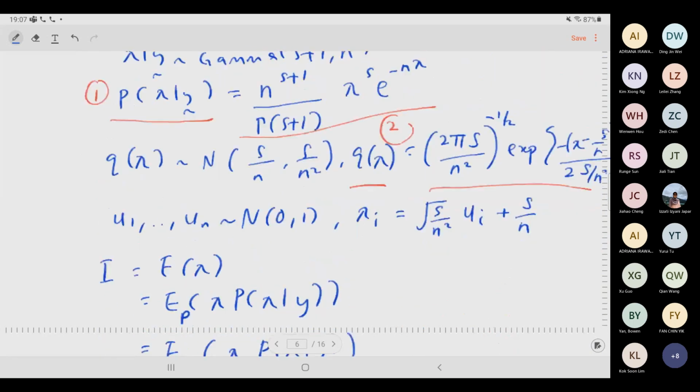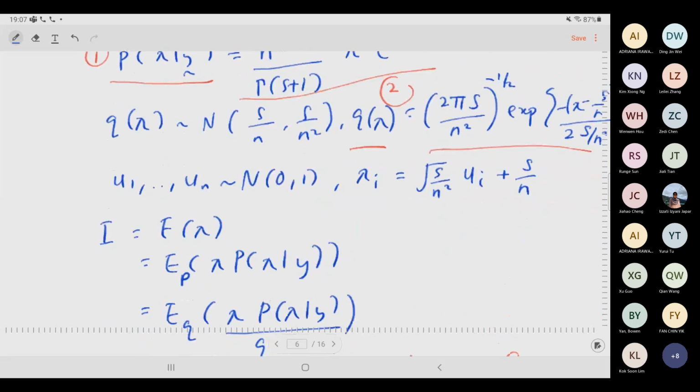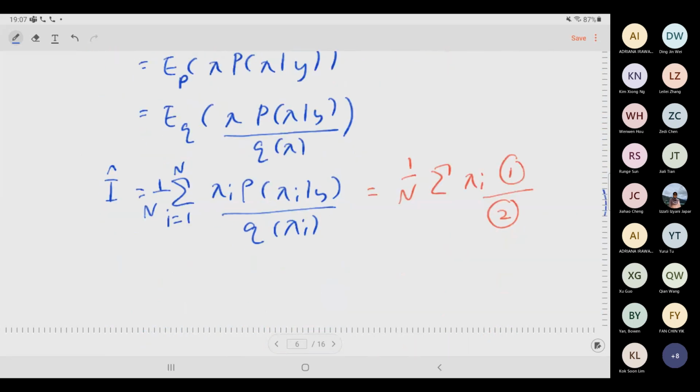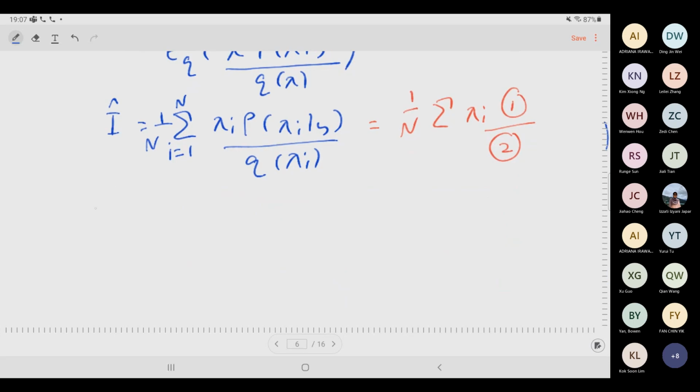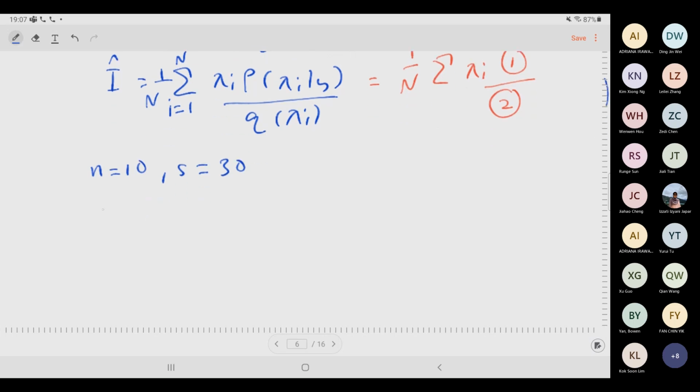Maybe for exercise we can do that. For example, if your N is 10 and your S is 30, for illustration purposes, you can get the true posterior mean, which is actually 3.1.